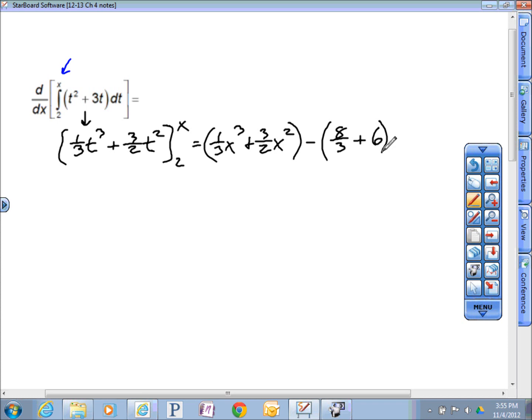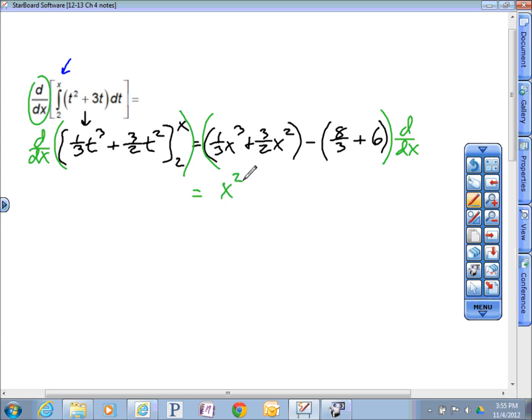Actually, before I go any further, I forgot something. We're supposed to be taking the derivative with respect to x of all of this. So if I want the derivative with respect to x of that whole thing, well, what's the derivative of 1/3 x cubed? It would be x squared.